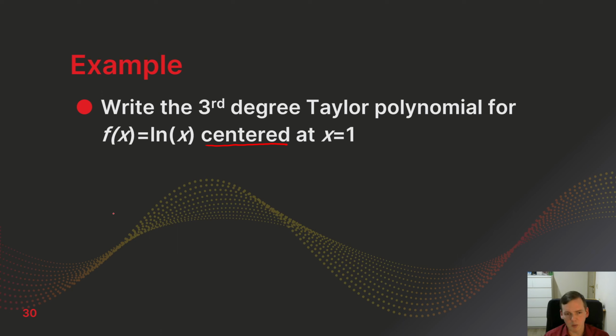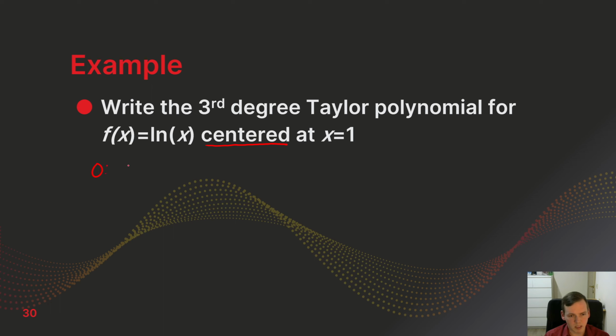And so we're going to write out our terms. First we're going to write the 0th. We always start with Taylor polynomials with the 0th term. And so we plug in n equals 0.